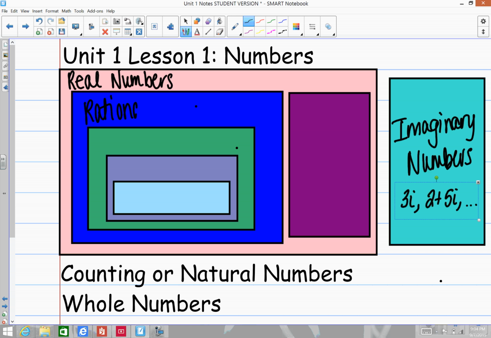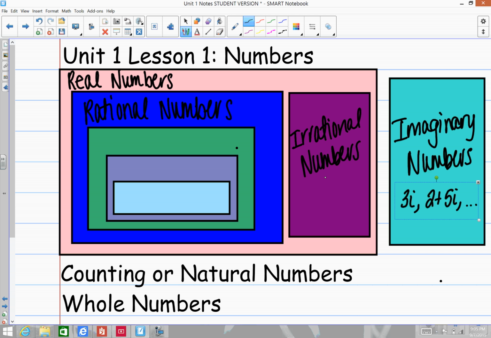We have our rational numbers, the next subcategory, and irrational numbers. A number can't be both irrational and rational. It's one or the other. Both do belong to the real number system, but a number doesn't overlap. It's either rational or it's irrational because there's no overlap here.